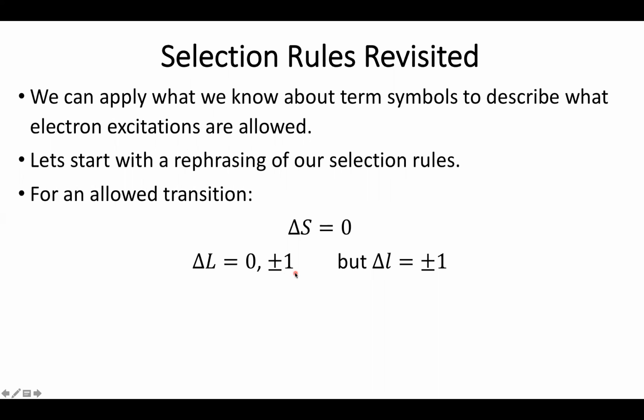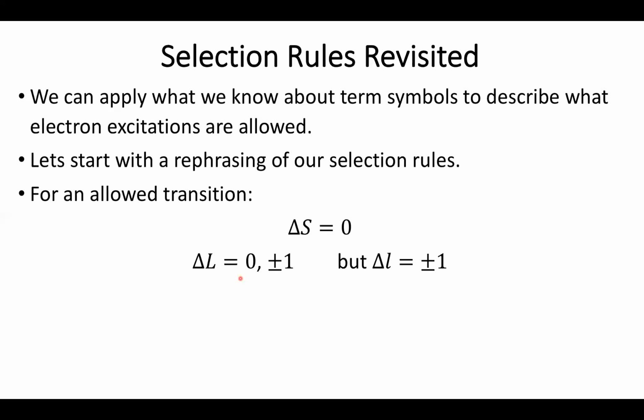But again, this can only happen if an individual orbital angular momenta changes by plus or minus 1. So if something ends up being excited but into an m sub L 0 state, we may end up seeing no net or total orbital angular momenta change. But again, this can be a little bit tricky.